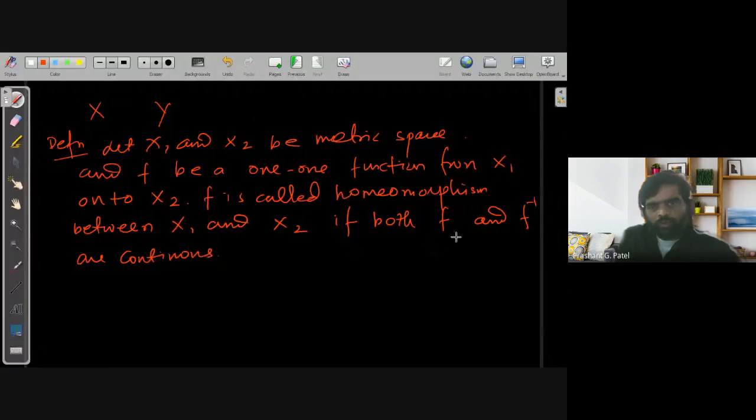So if a function and its inverse both are continuous, then we can say that f is a homeomorphism between the spaces X1 and X2.